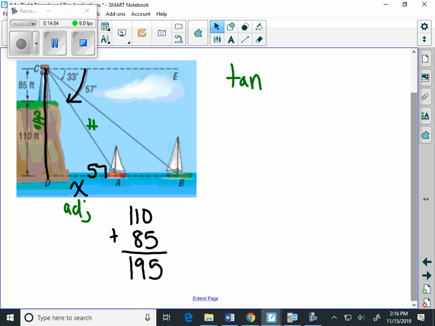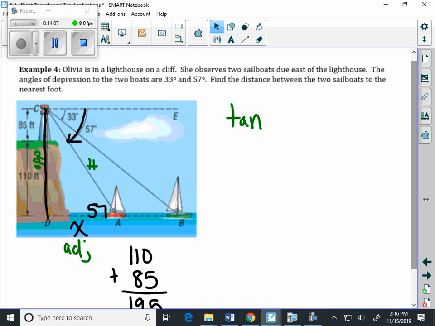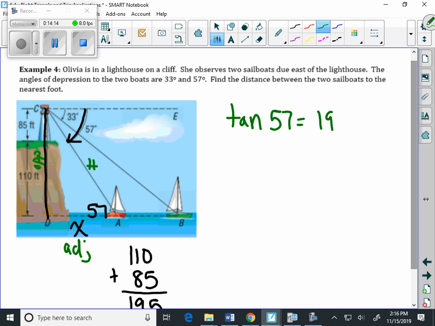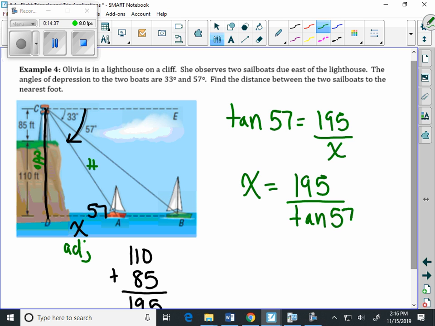Now we have everything we need, at least for this triangle here. Tangent of 57 equals the opposite, which is the value we just found, 195, divided by X. And again, when the missing variable is down low, we need to switch a row. In other words, the 195, the X, and the tangent of 57 need to change places.